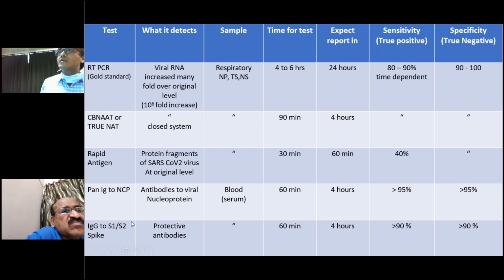Another test which we can do is against the antigen S1, S2 spike, which detects the protective or neutralizing antibodies. The turnaround time for this is 60 minutes, and the report can be validated within 4 hours. The sensitivity and specificity of the test is more than 90%.